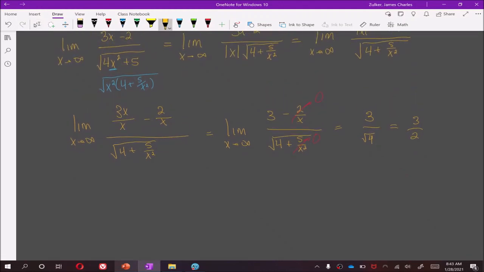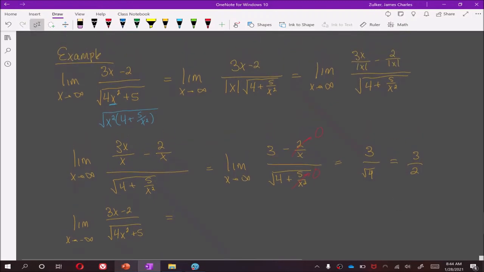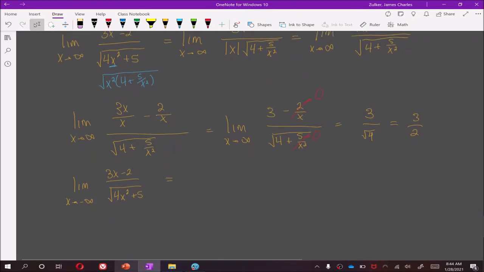Let's now look at the limit as x approaches negative infinity. Well, the analysis will be the same up to here. So we write this as the limit as x approaches minus infinity of 3x over the absolute value of x minus 2 over the absolute value of x, all over the square root of 4 plus 5 over x squared.